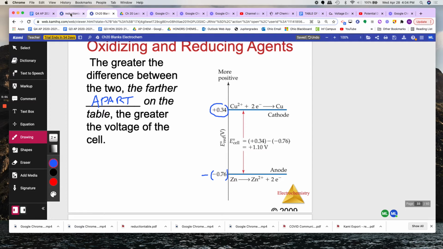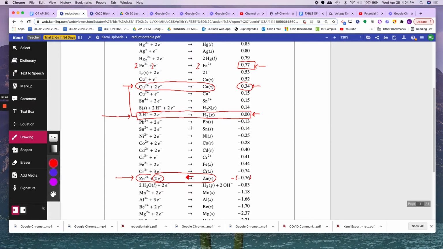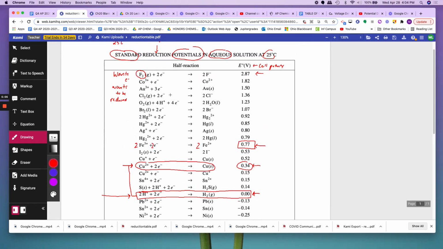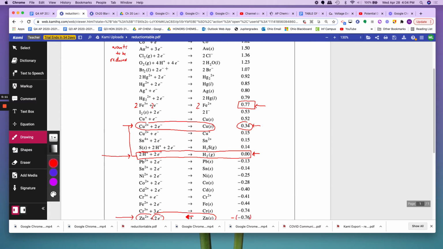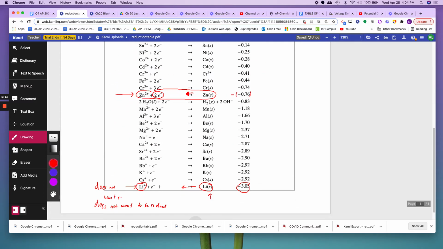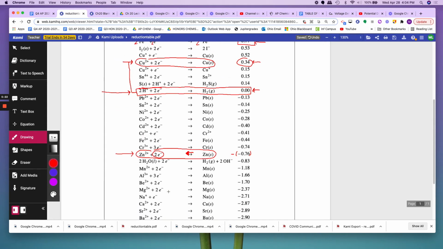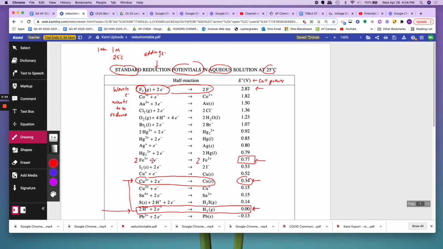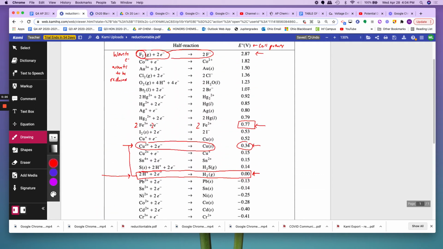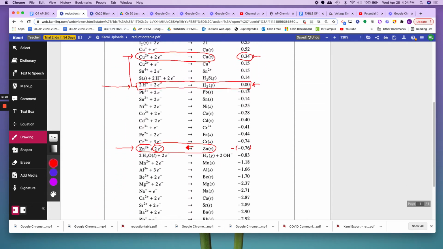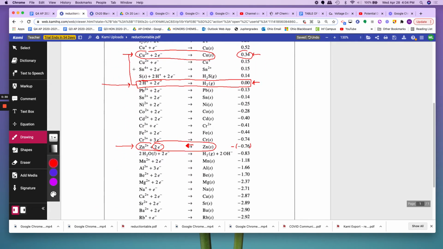So if you look at this chart, the one that would give you highest voltage is a reaction between F2 and lithium solid, because they're farther apart. So this will become negative 3.05. You have to flip this equation. And 2.87, that's a lot of energy. That's about 6 volts. That's the most you can get out of this chart.